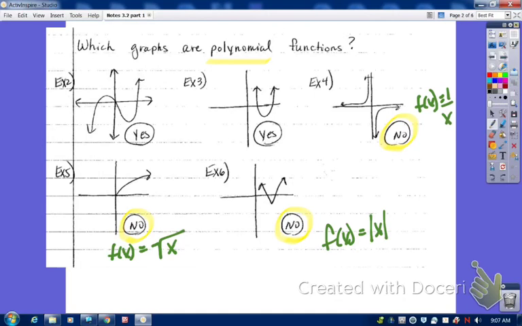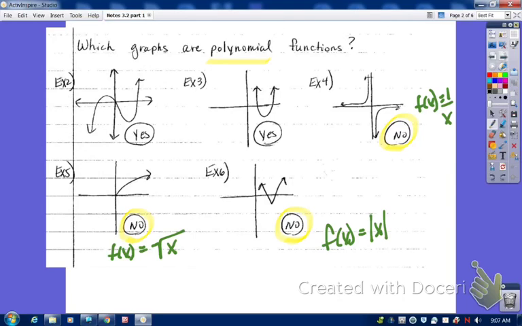This would be where the graph can't touch the x-axis or the y-axis, as they're called asymptotes. That's because there's going to be some undefined value. We'll study those graphs later on. So example 2 would be a polynomial graph. And example 3 would be a polynomial, but the other ones would not.